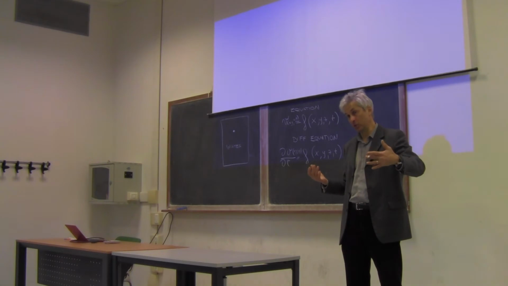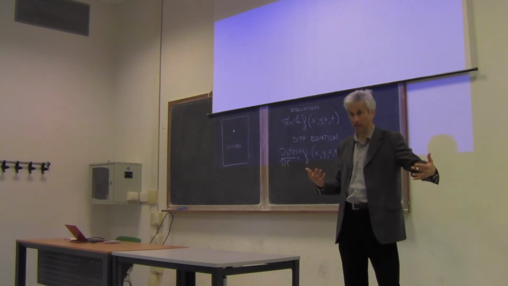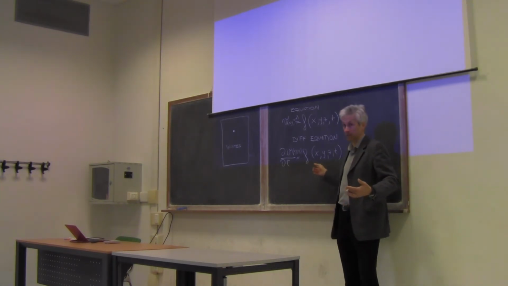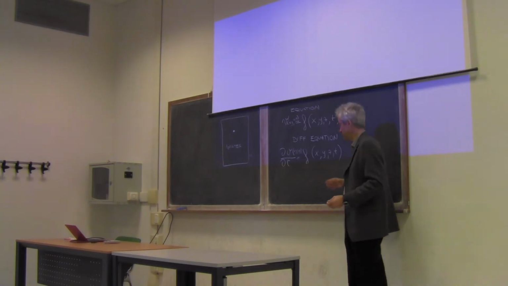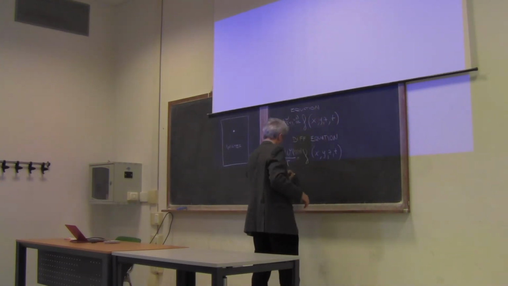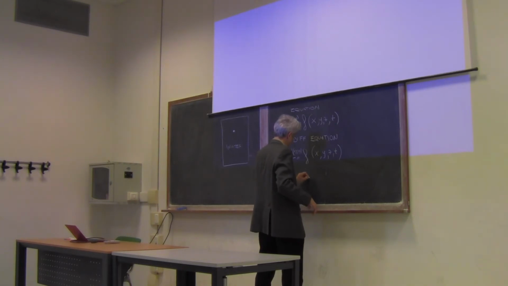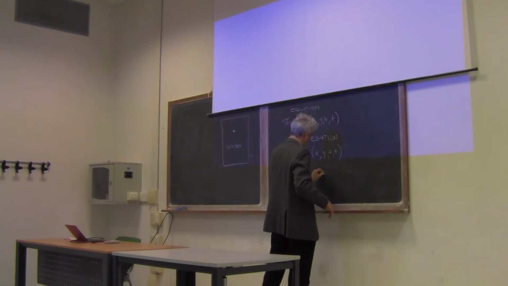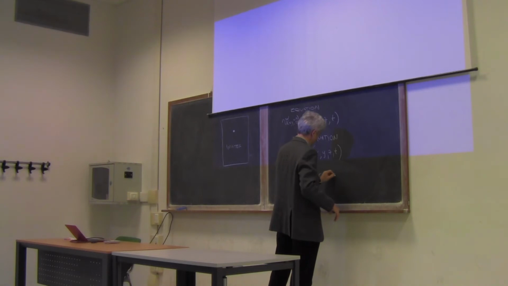At the end of the story, I need to get the value of v, and therefore I have to sum these increments. And when I sum these increments, I am doing nothing else than an integral, a sum of increments.